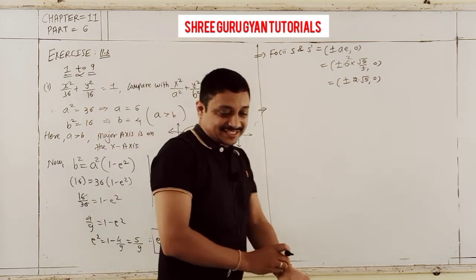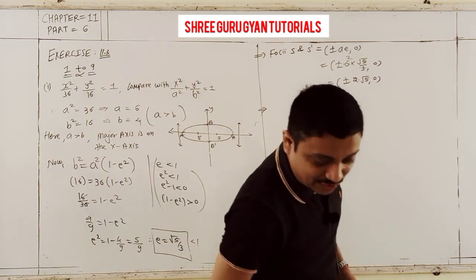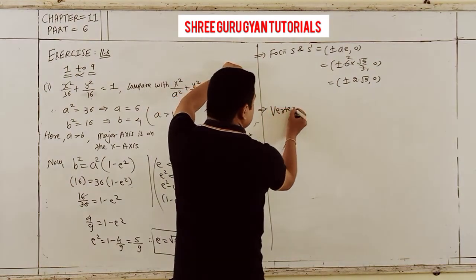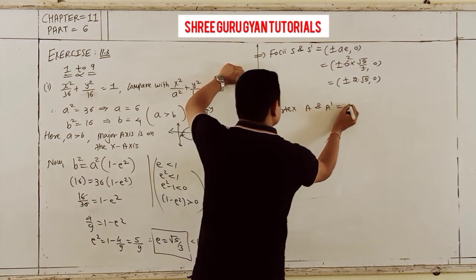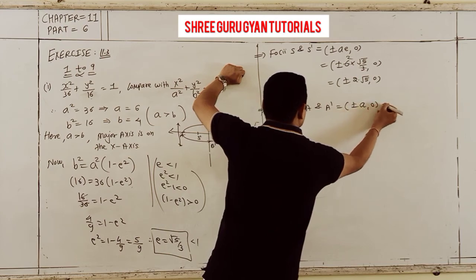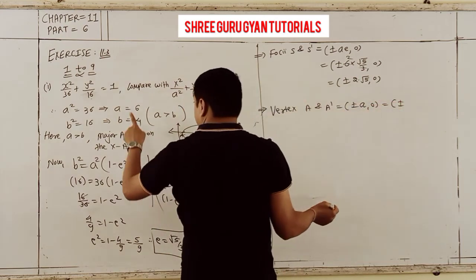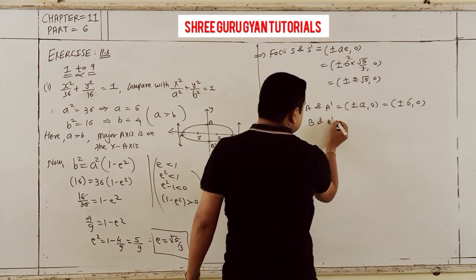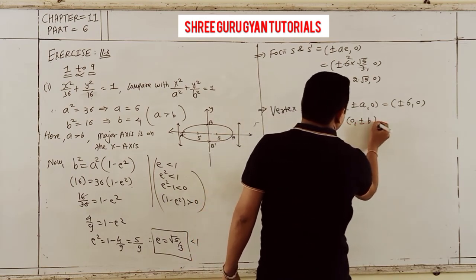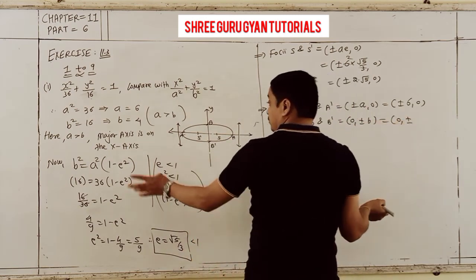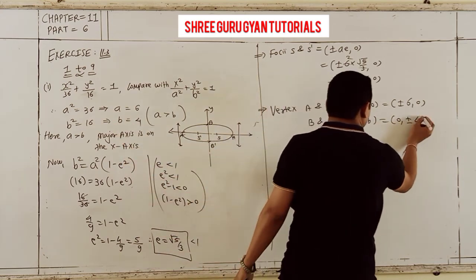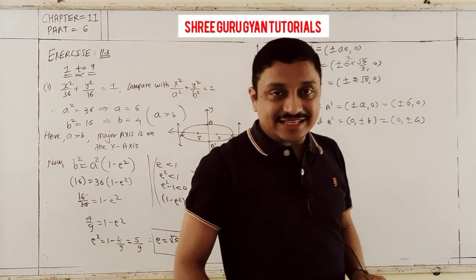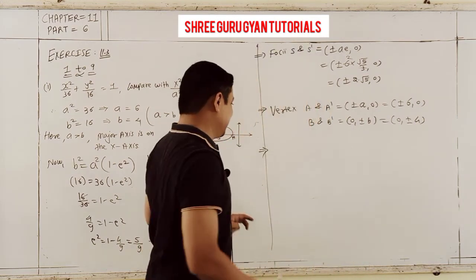Now students, second in the question, I go to the vertices. So vertices A and A dash are plus or minus a comma 0, and what's your a? 6. Same, B and B dash are 0 comma plus or minus b, and what's the b? B is 4. Now continue. The next question asks for the major and minor axis lengths.